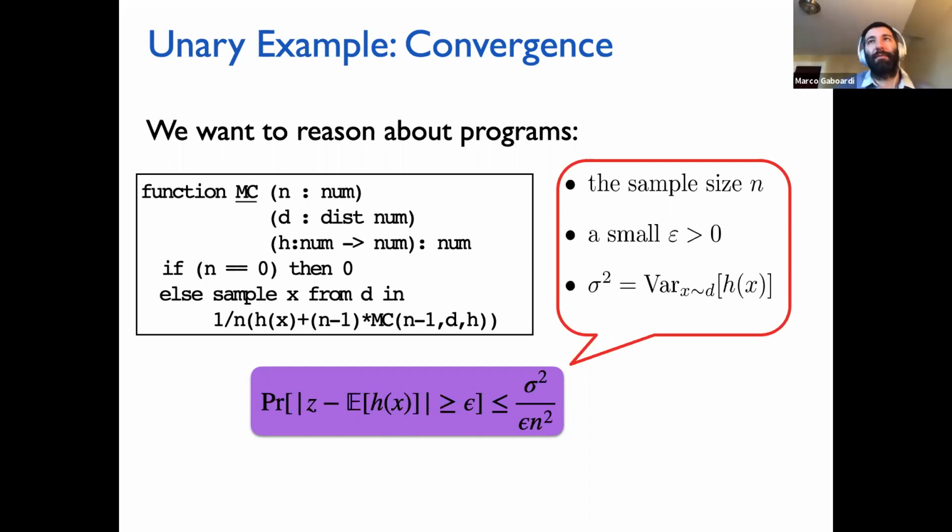Now, what are these parameters? n is the sample size, so how many samples we take. Epsilon is some constant that we use to say how far they are, and sigma square is the variance of the distribution processed by h.